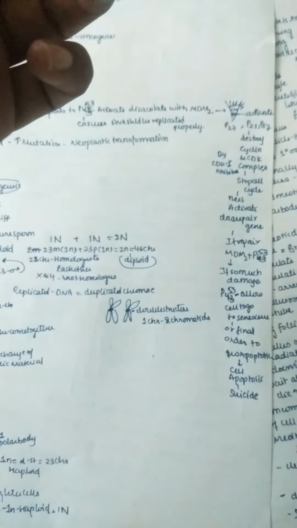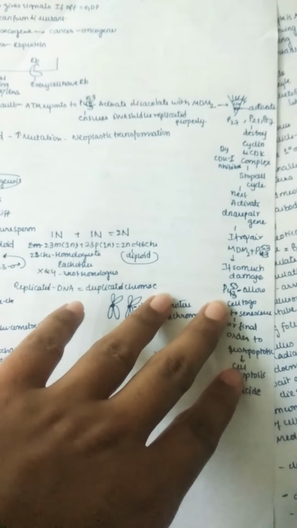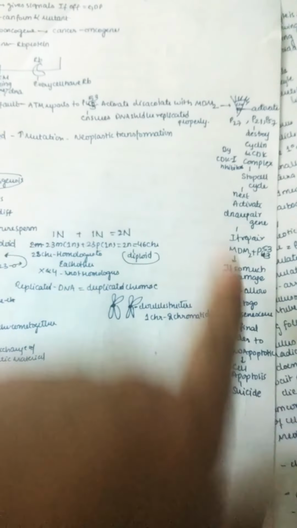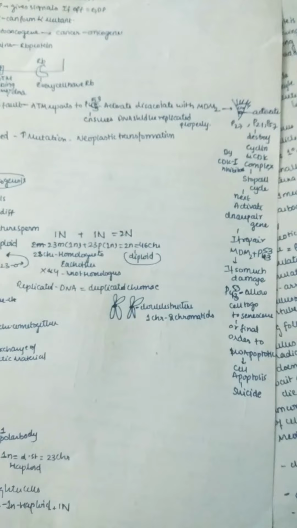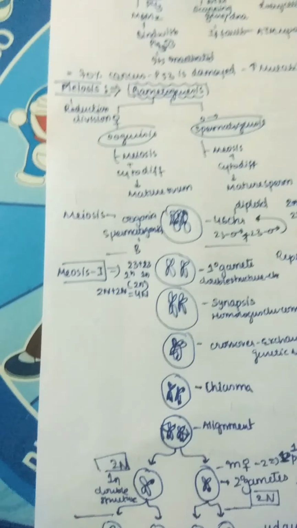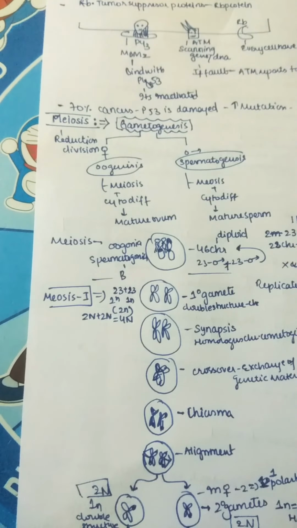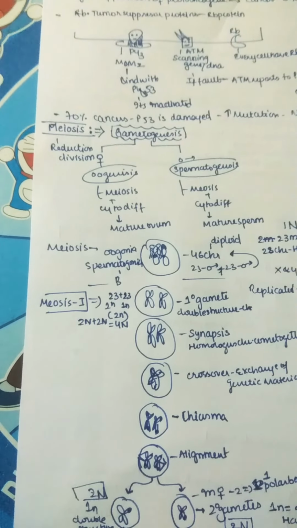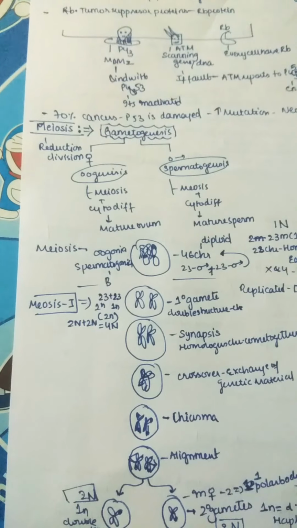But if there is so much damage in the DNA, then what does p53 do? It allows the cells to go into senescence or finally activates pro-apoptotic genes to undergo apoptosis, that is cell suicide. So this is how our mechanism works in the case of any cancer or mutations. So remember that 70% of cancers have p53 mutation.